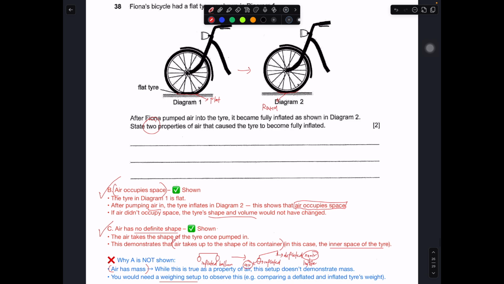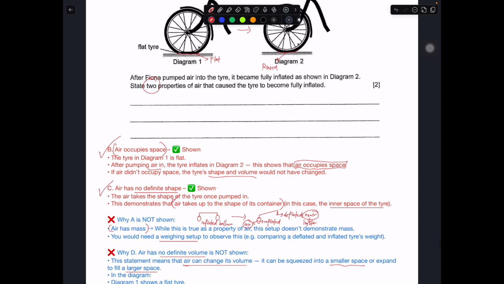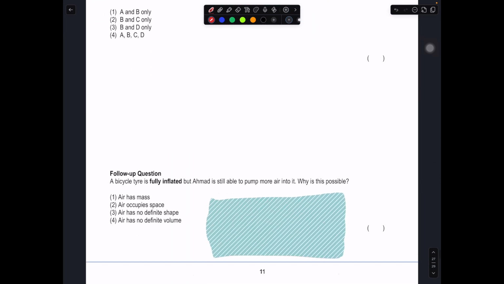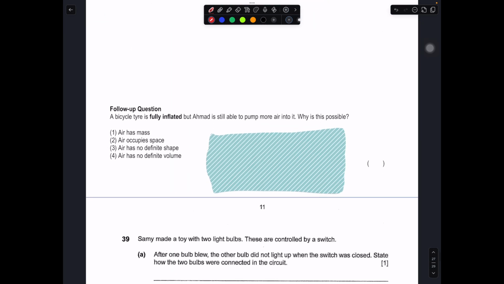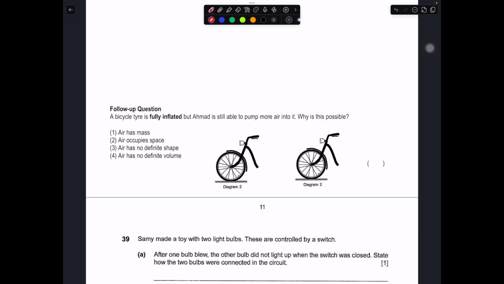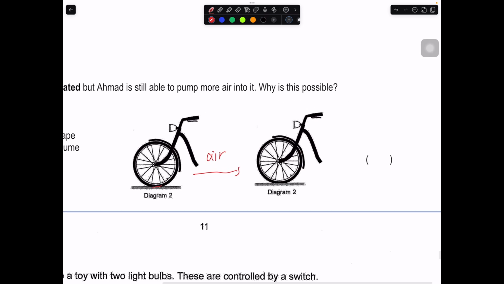How is air having no definite volume being demonstrated? It's related to the next question. Something like this. When you have diagram 2, you continue to pump air, then it shows maybe diagram 3. The tire is fully inflated.